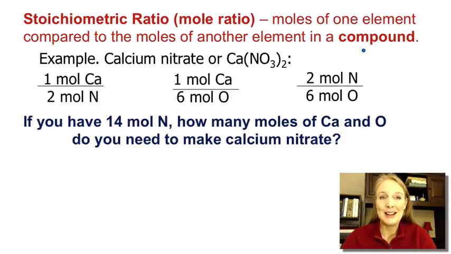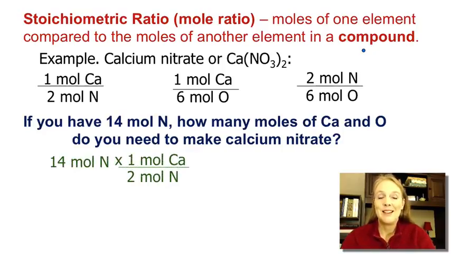Let's do a calculation. If we have 14 moles of nitrogen, how many moles of calcium and how many moles of oxygen would we need to make calcium nitrate that consumed all 14 moles of the nitrogen? The calculation would be set up like this. We start with what we're given, 14 moles of nitrogen, and then we multiply that times the mole ratio that's relevant.